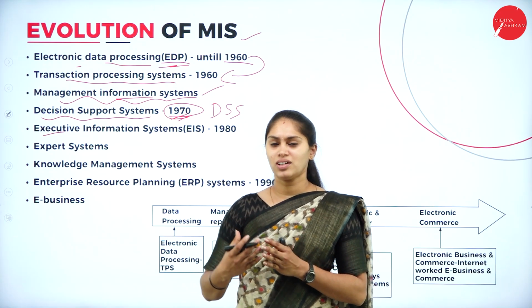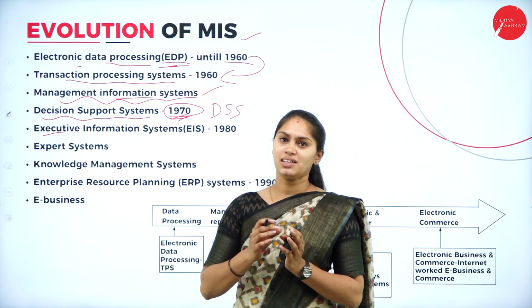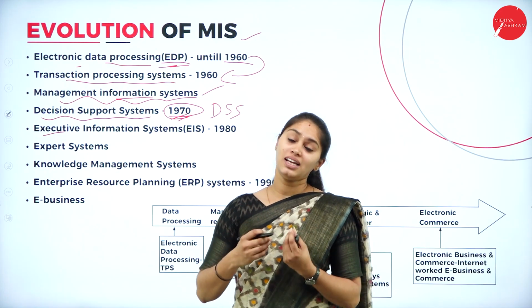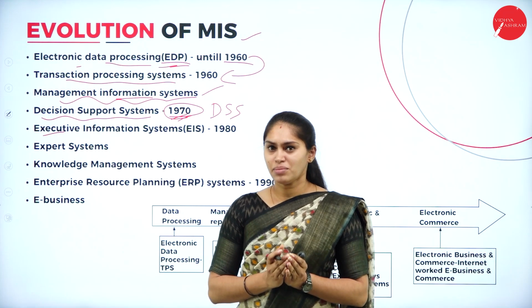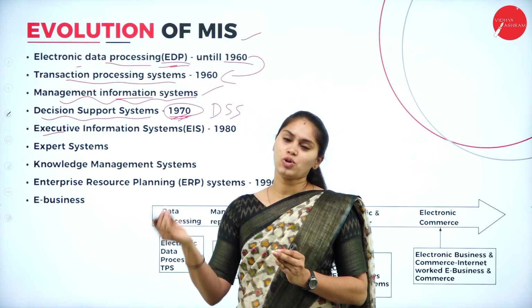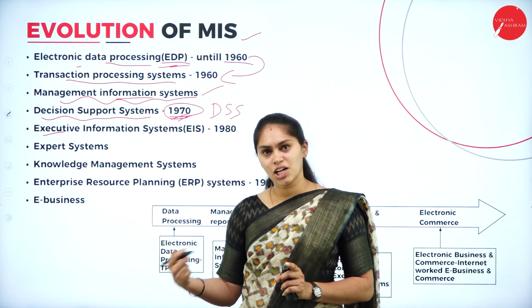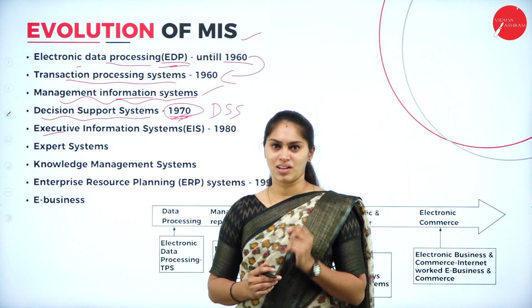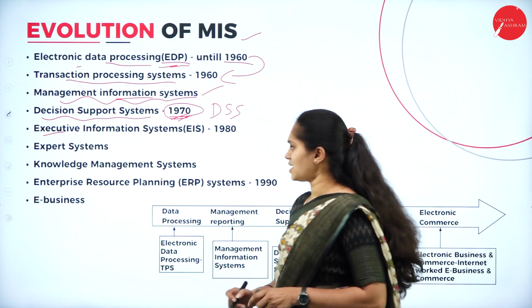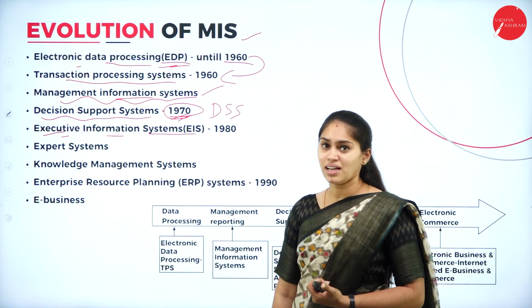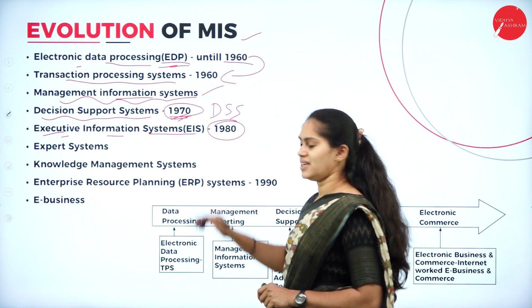I can say that all the executives are individual personalities. They are not at all ready to listen to others, but there must be some system which guides the executive and helps the executive make a decision. That kind of information system is termed the executive information system. That took place in the year 1980.